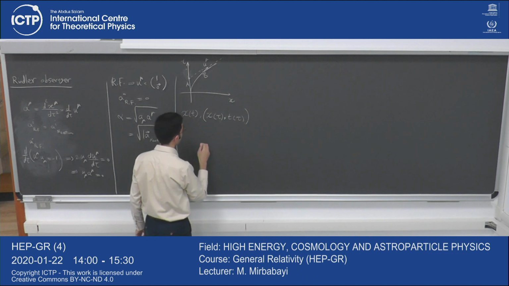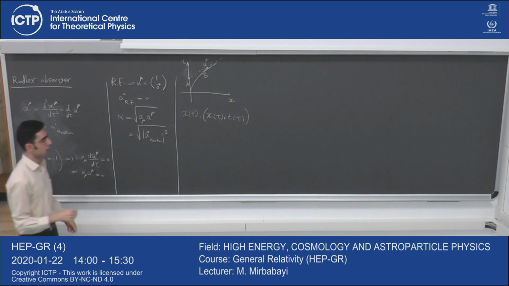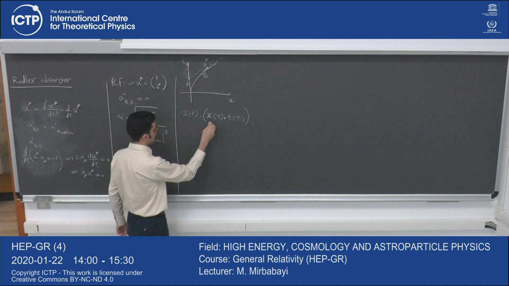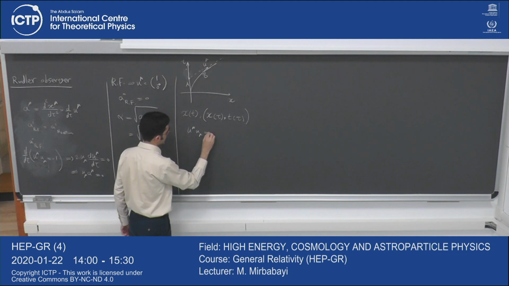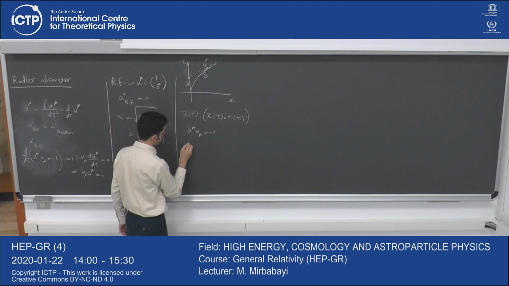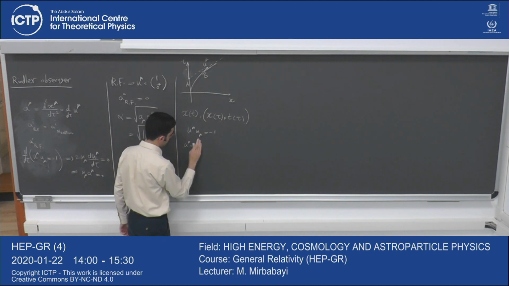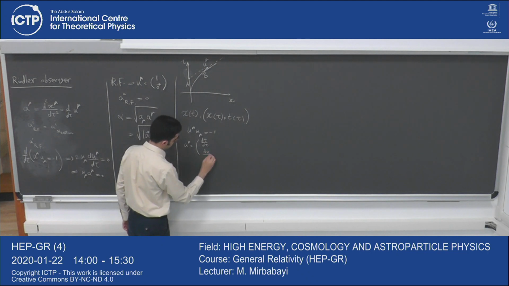Okay, so how do we determine this? First of all, we know that Bob is a time-like observer, so I should have u mu u mu equal to -1. Now, what is u mu? In this two-dimensional case, it is dt by d tau and dx by d tau.